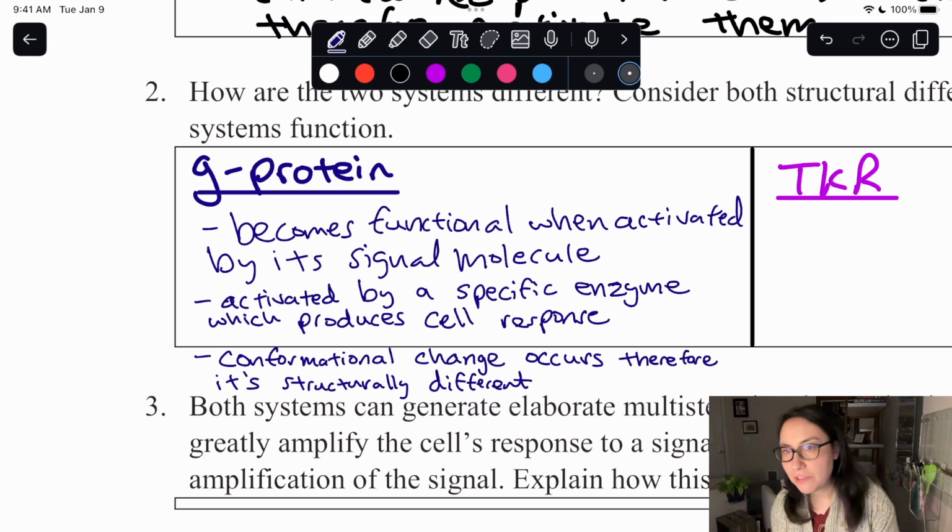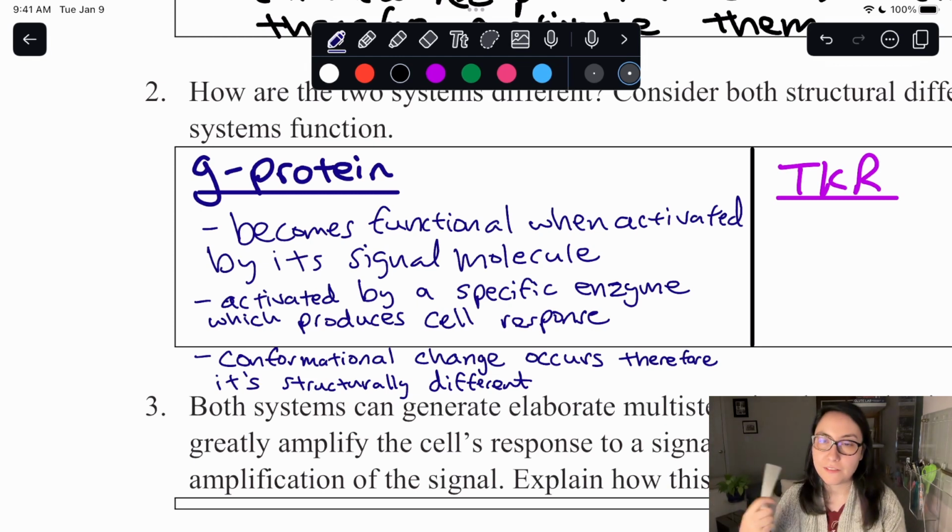Meanwhile, conformational is everything is the same, including the way things are connected, but the biggest difference is that it conformationally changes, and therefore where they're actually attracted in terms of their bonds.